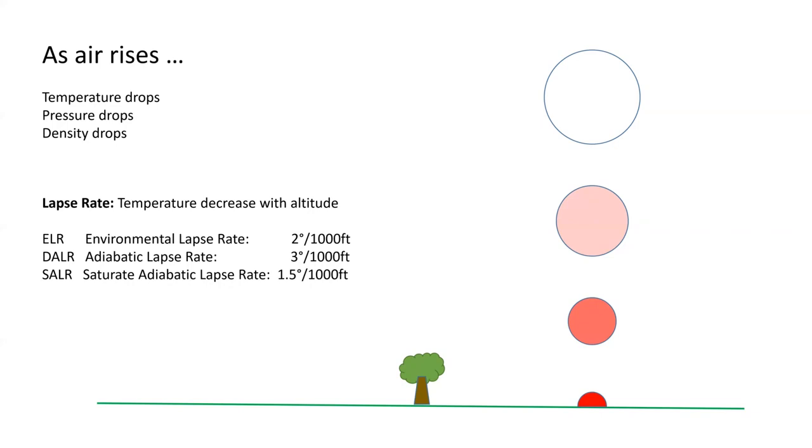And the reason that it is less for the saturated adiabat is that as that water condenses out of the atmosphere and turns into droplets, it gives up some latent heat, and that warms the air as it goes. So you get less of a temperature drop with height.